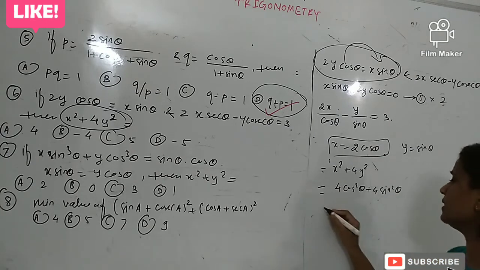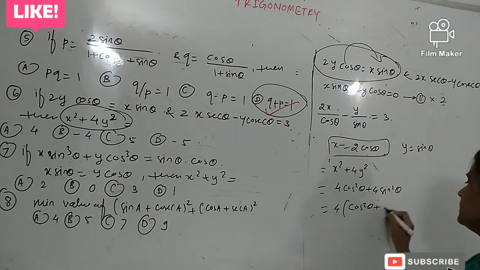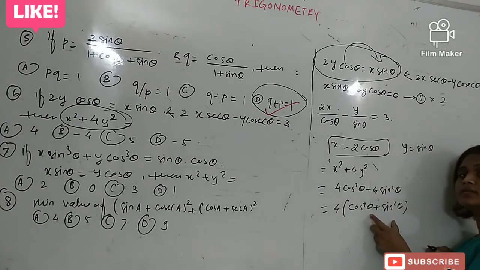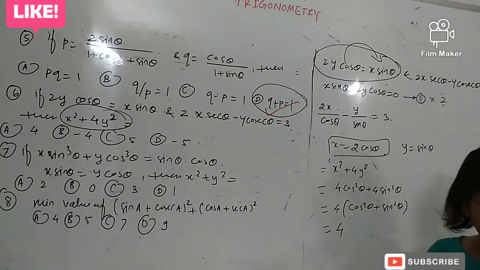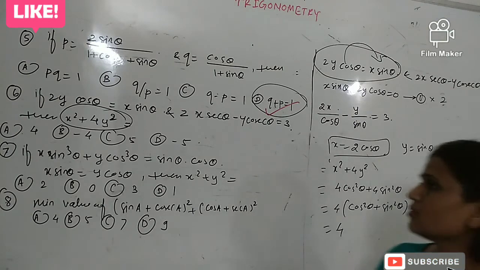Okay, so 4 gets common, and this is cos square theta plus sine square theta. By the basic identity, this value is 1. So 4 into 1 is 4. So what is the correct option? The correct option is option A, which is 4.